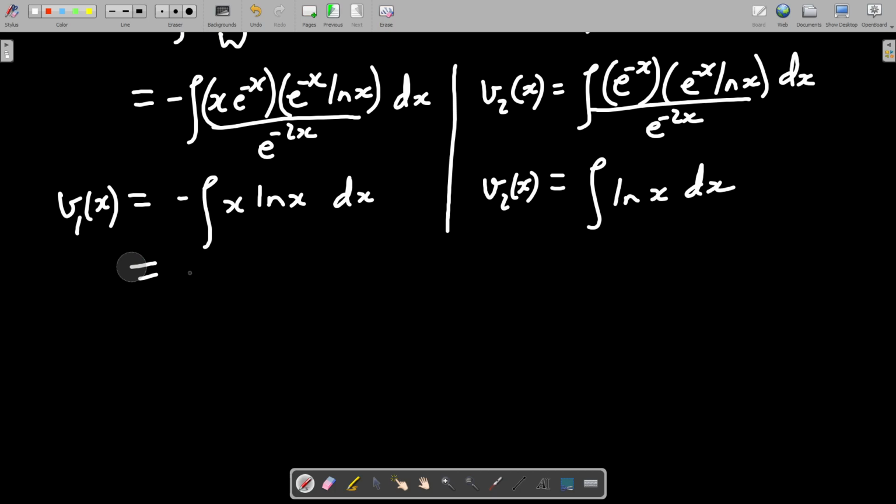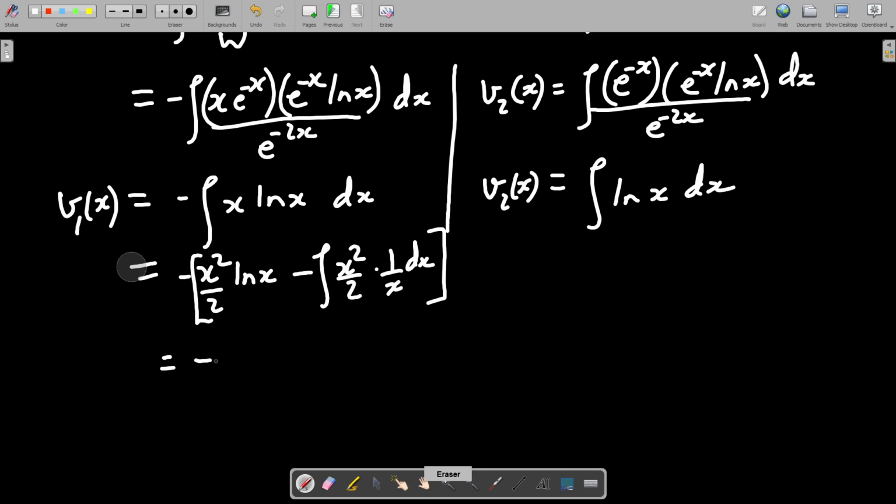So integrate this. This will leave you with minus x square. I'll just keep a minus on. x square by 2 ln of x minus integral of x square, so this will leave you with minus.